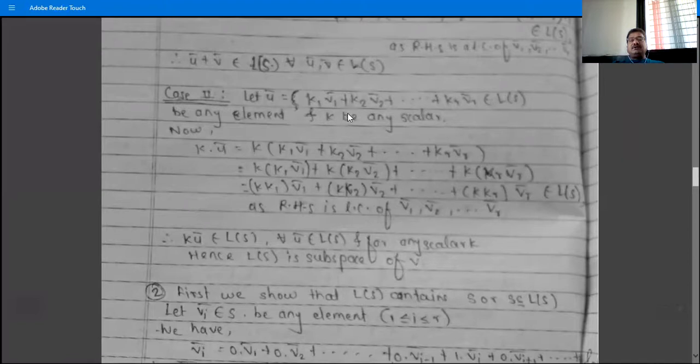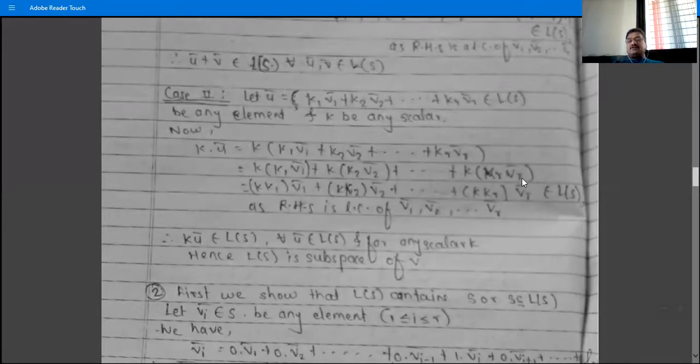Now we have to prove that K times U bar belongs to LS. So K U bar is K times the bracket K1 V1 plus K2 V2 plus Kn Vn. Multiplying K into each element in the bracket, by the properties of a vector space, we get K K1 V1, K K2 V2, K Kn Vn.